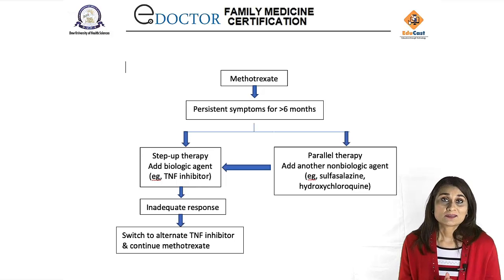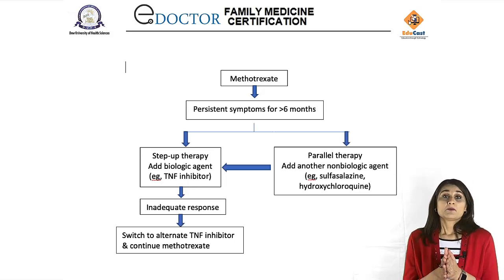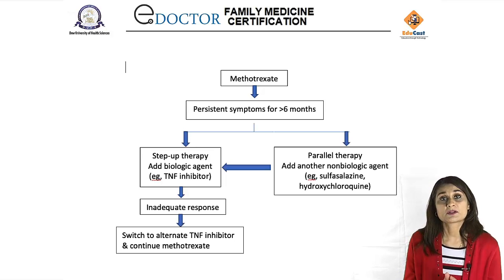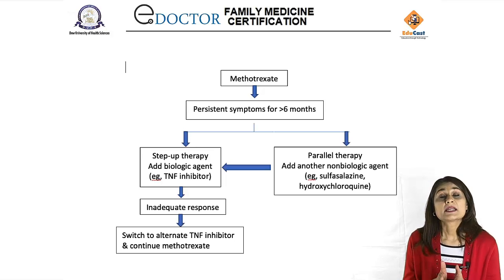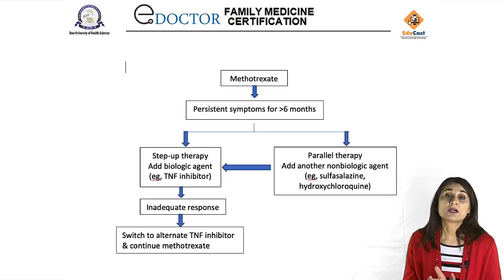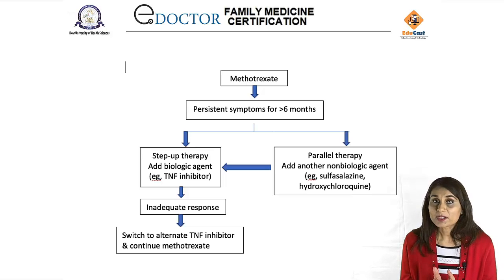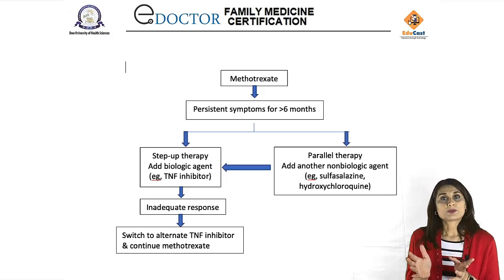We will do PPD testing, to test for TB. Why? Because this tumor necrosis factor alpha inhibitor will inhibit the tumor necrosis factor alpha that is maintaining the granuloma in TB patients. So when you give an inhibitor, tumor necrosis factor alpha is not going to work and the granuloma will be destroyed.